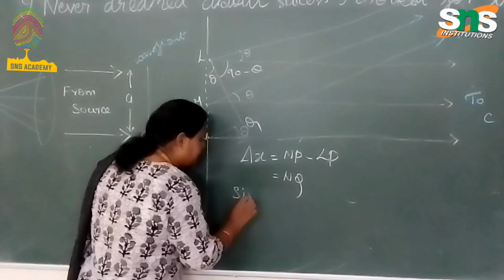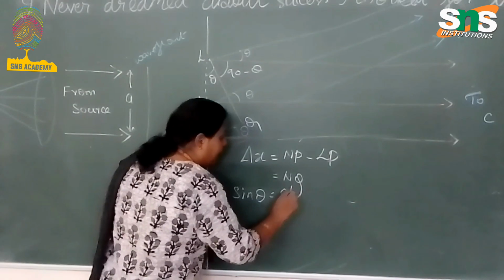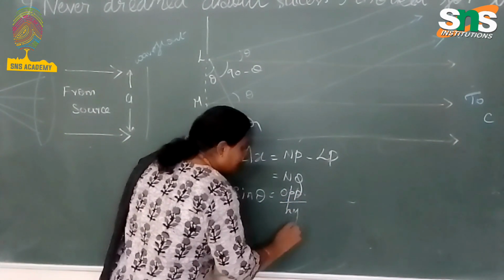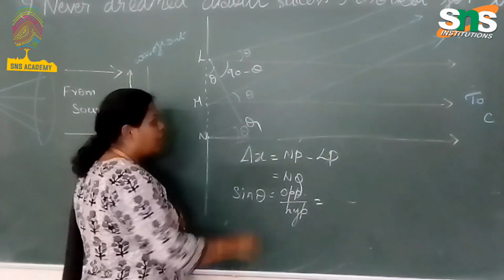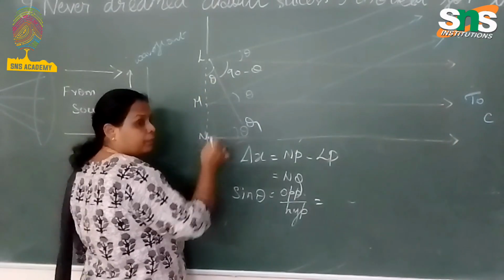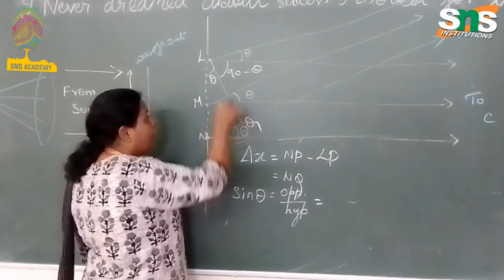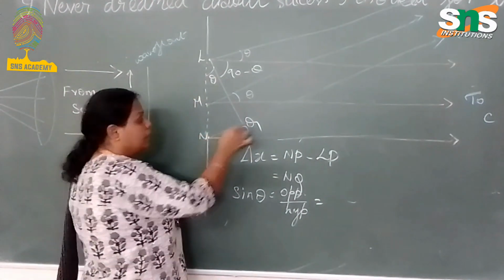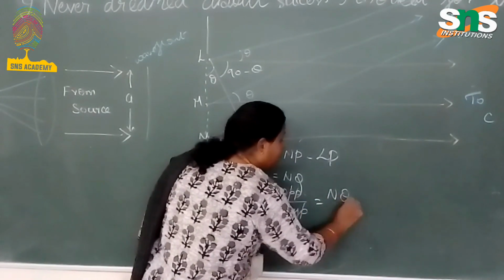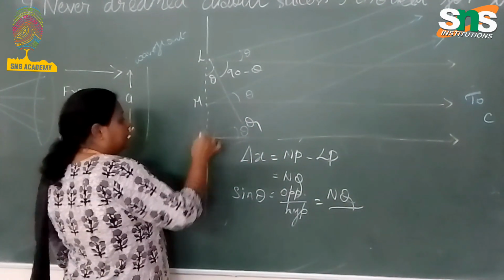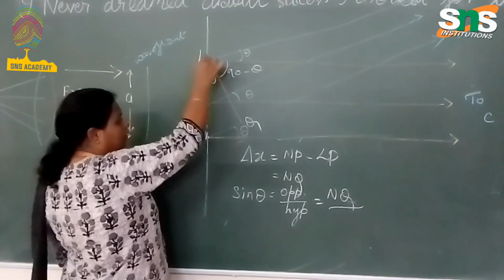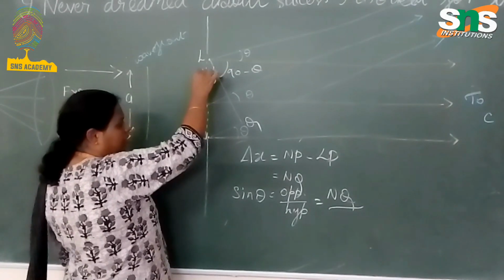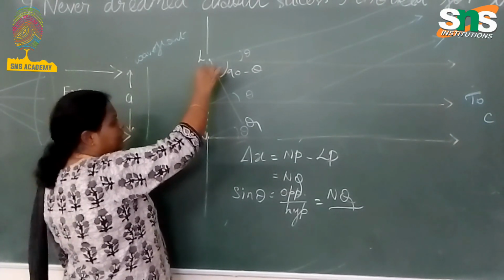So sin theta equals opposite by hypotenuse. What is my opposite to this theta? It is NQ. Opposite to my theta is NQ. So what will be my hypotenuse? My hypotenuse is just LQ.